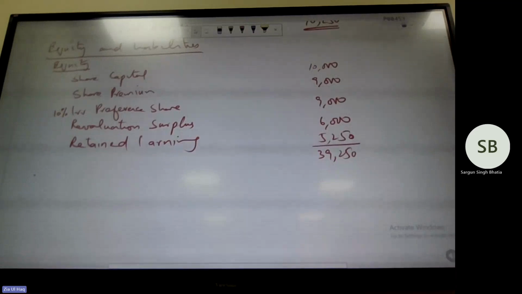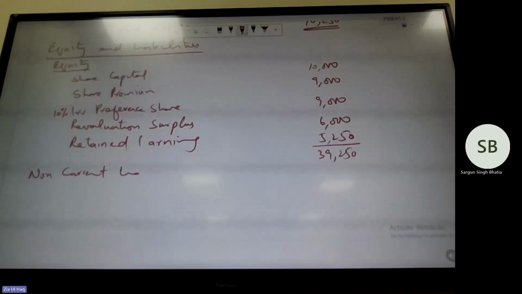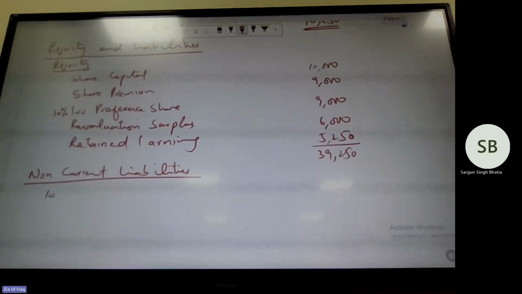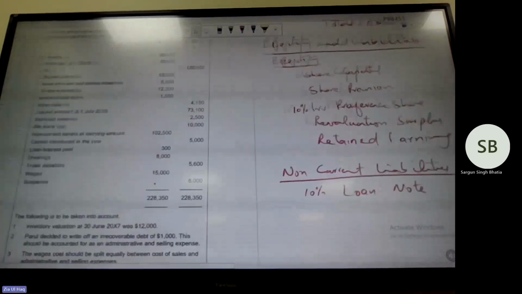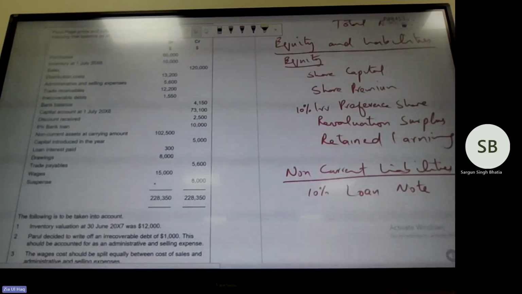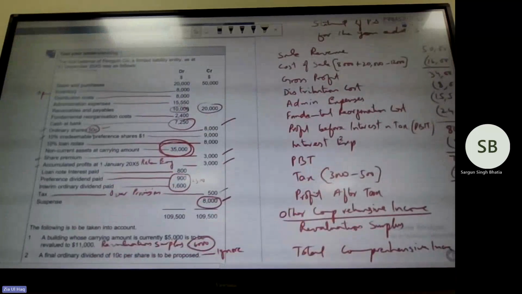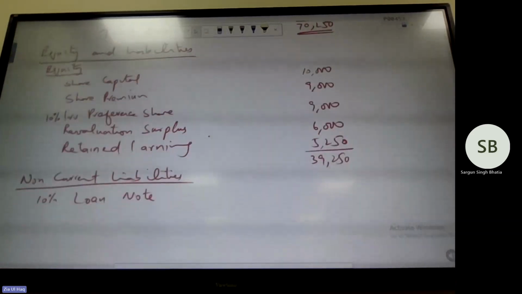And we need to record non-current liabilities, and there was a non-current liability relating to the 10% loan note, and the amount for the 10% loan note, we have moved towards the next question, but the 10% loan note amount was 8,000. So 8,000 is a loan note.